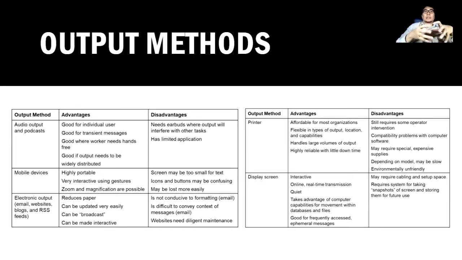All of the different output methods here have their own advantages and disadvantages, as you can see here. For example, a printed output is very simple and affordable. However, it is environmentally unfriendly. While the display screen output is very interactive, however, it requires space to install the display screen.